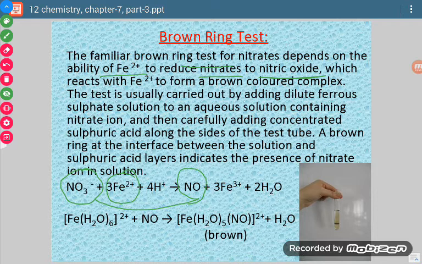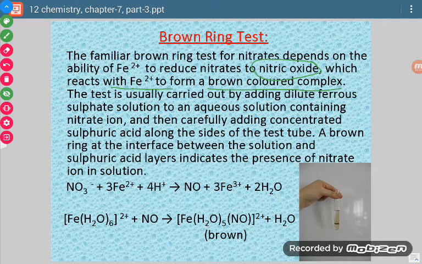Okay, now what happens and how do we go ahead in this test? Fe2 positive reacts with nitric oxide, and there will be formation of a brown colored complex.